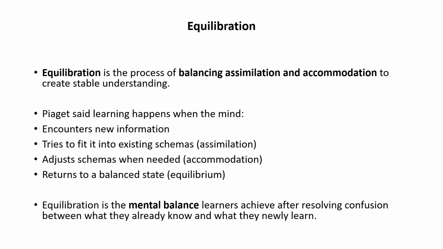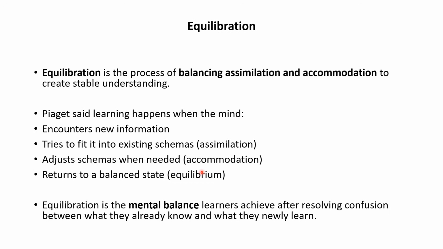Piaget said learning happens when the mind encounters new information and tries to fit it into existing schemas, and that's assimilation. Then it adjusts schemas when needed. That is accommodation, returning to a balanced state.